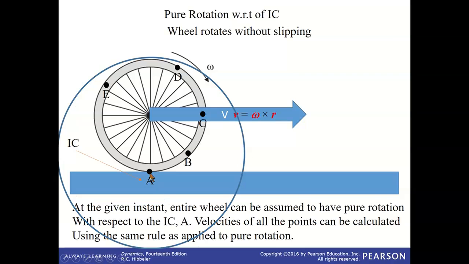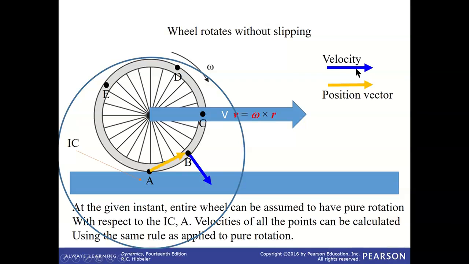For that pure rotation, center point A at the given instant is the instantaneous center, or zero velocity center, and these are all the points on that disk. So at the given instant, the entire wheel can be assumed to have pure rotation with respect to the instantaneous center A. Velocities of all the points can be calculated using the same rule as applied to pure rotation.